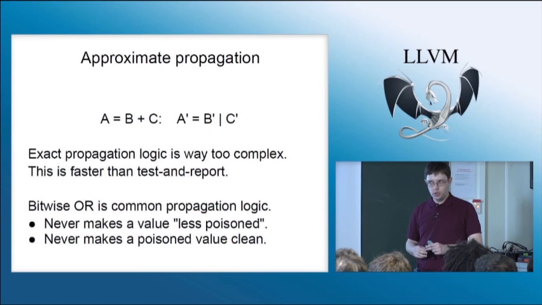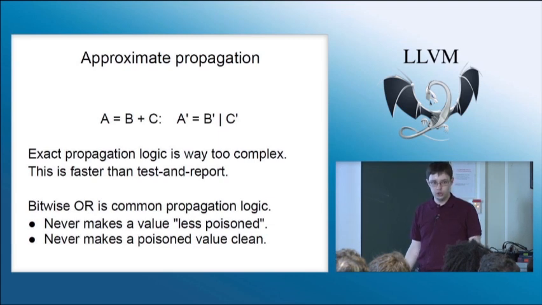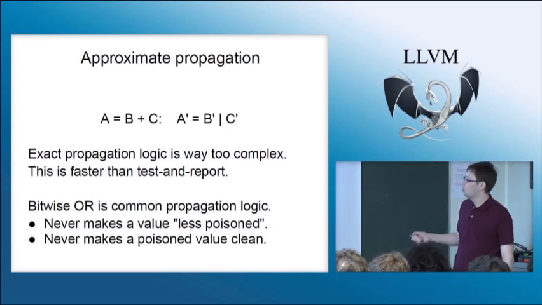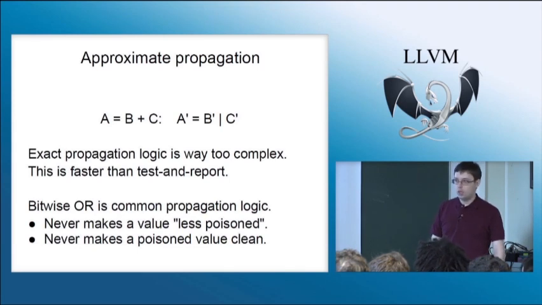Some instructions have very complex semantics. For example, addition. It's not very easy to say which bits of the result of the addition are defined, if some of the arguments are not fully defined. We use this common propagation logic, which is bitwise OR.